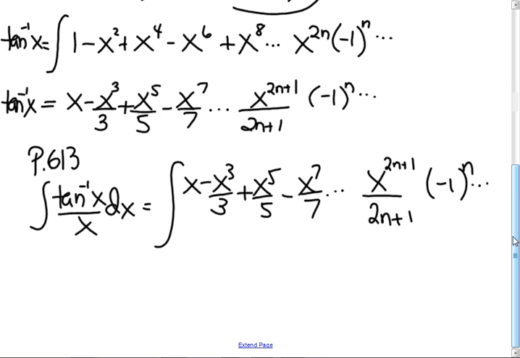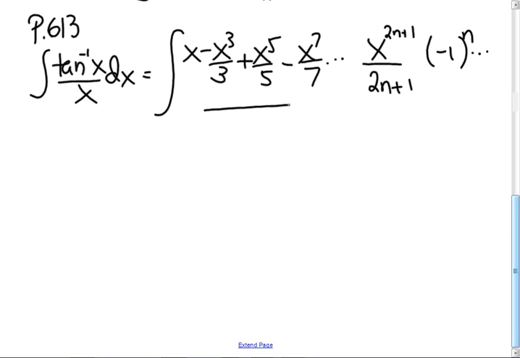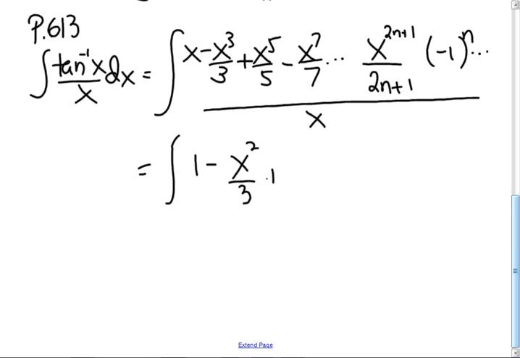And that's all divided by x. So that will be the antiderivative of 1 minus x squared over 3 plus x to the 4th over 5 minus x to the 6th over 7. Then this is x to the 2n over 2n plus 1.